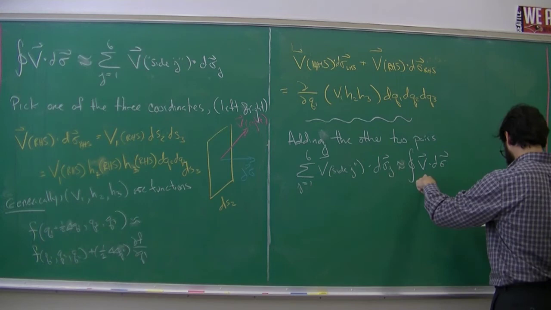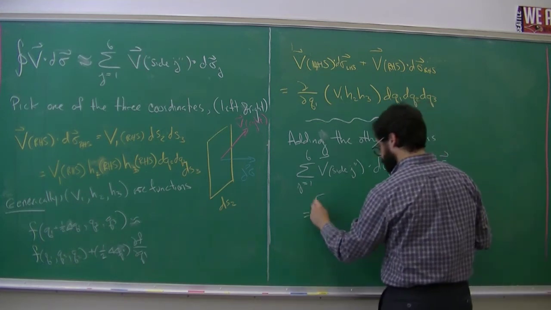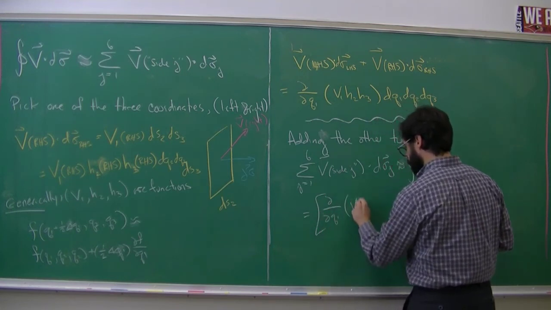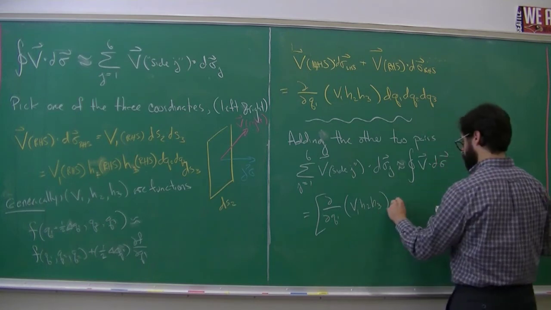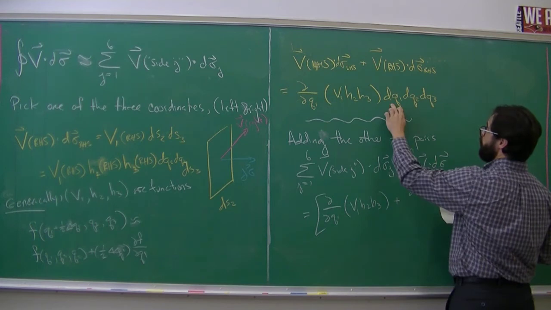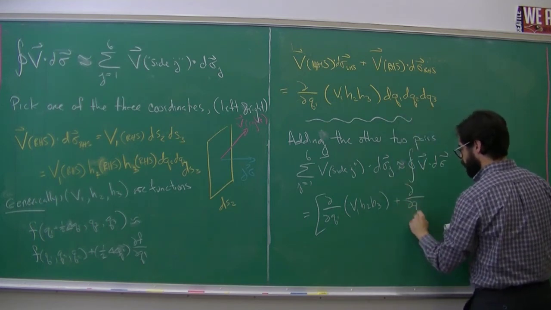This was the numerator in our limiting form of the divergence, is d by dq1, v1, h2, h3, plus, so that's that. Notice how this is a dq1, dq2, dq3. And so will this.